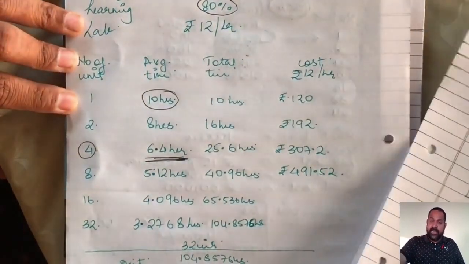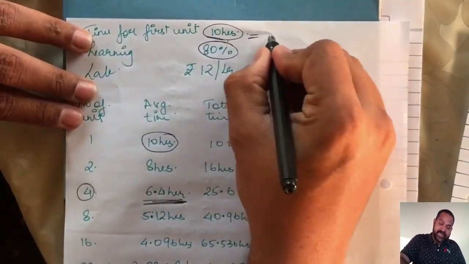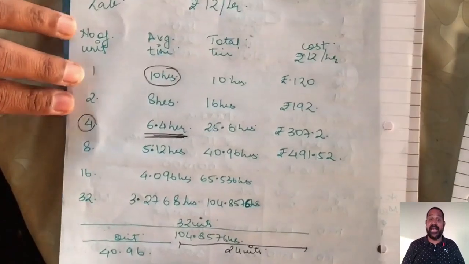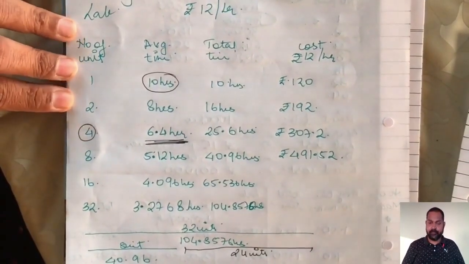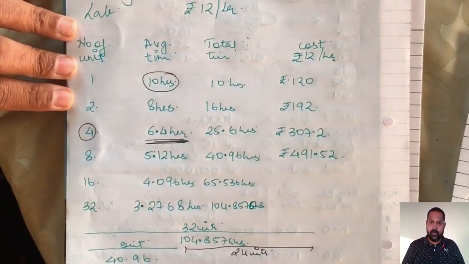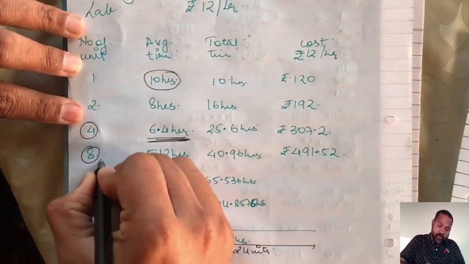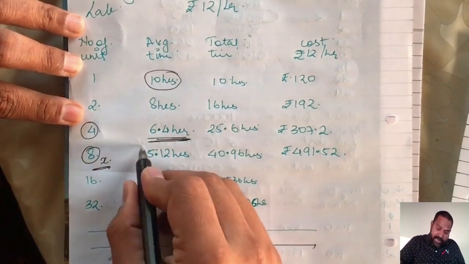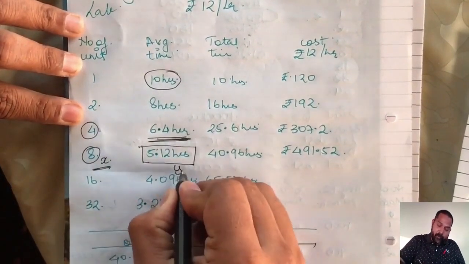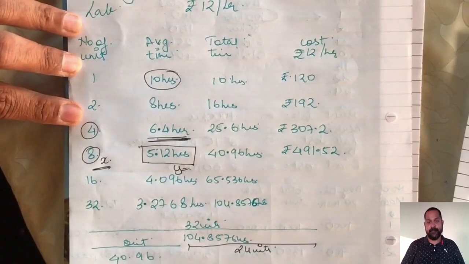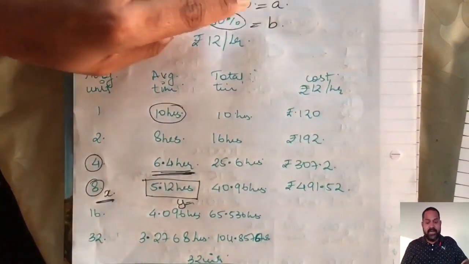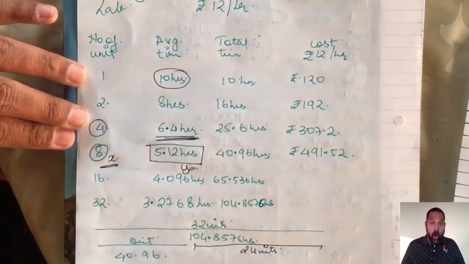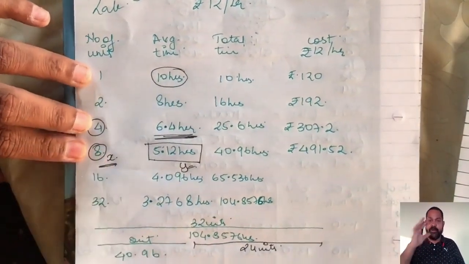So if my A is 10 and my learning rate, which is B, is 80%, then for 8 units, which is my X, the average time should be 5.12, which is my Y. So if I tell you that the first unit took 10 hours and the learning is 80%, for 8 units, find me the average time.